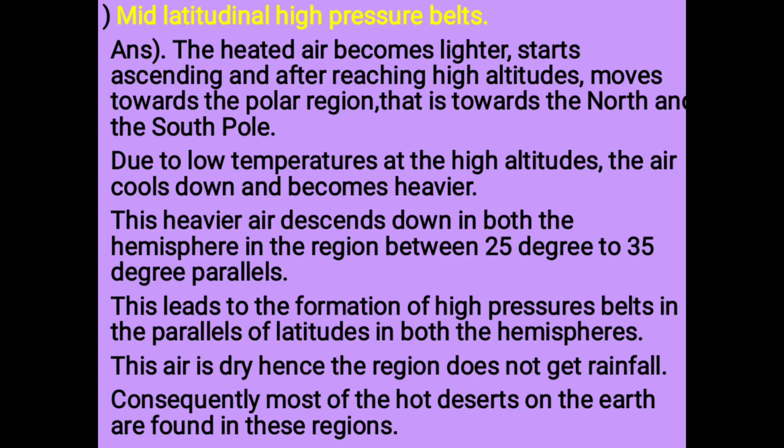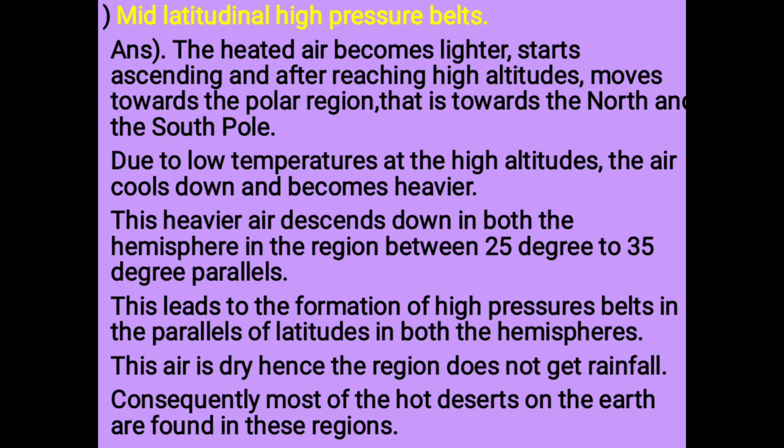Write notes on mid-latitudinal high pressure belts. Answer in points. The heated air becomes lighter, starts ascending, and after reaching high altitudes, moves towards the polar region, that is towards the north and the south pole. Due to lower temperatures at the high altitudes, the air cools down and becomes heavier.